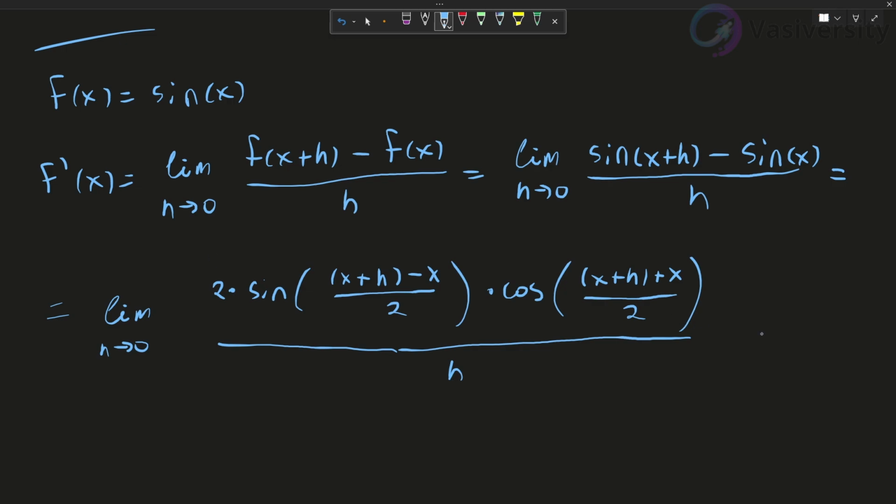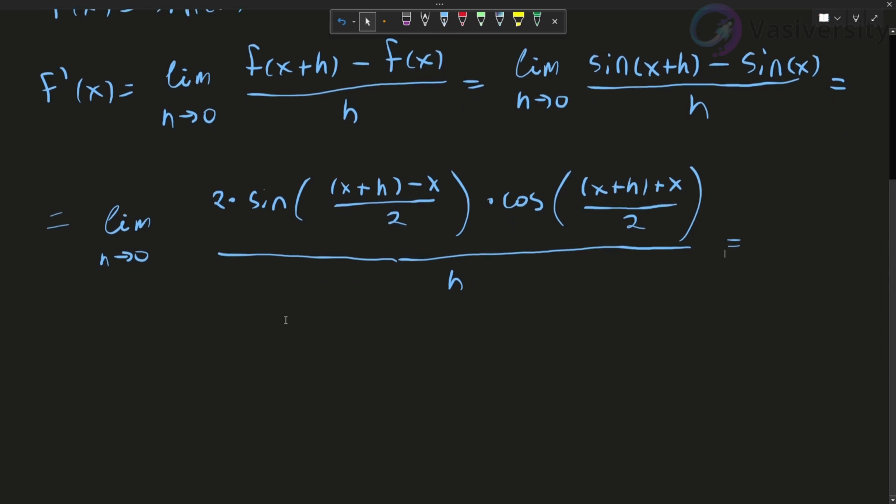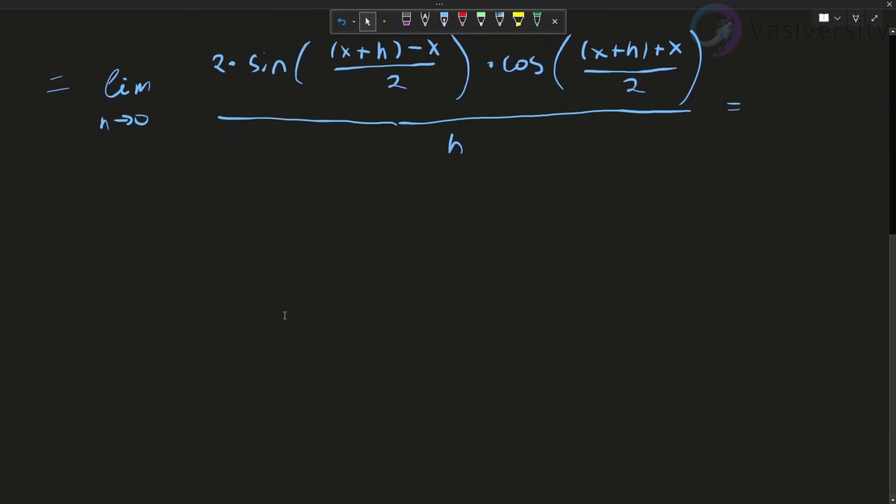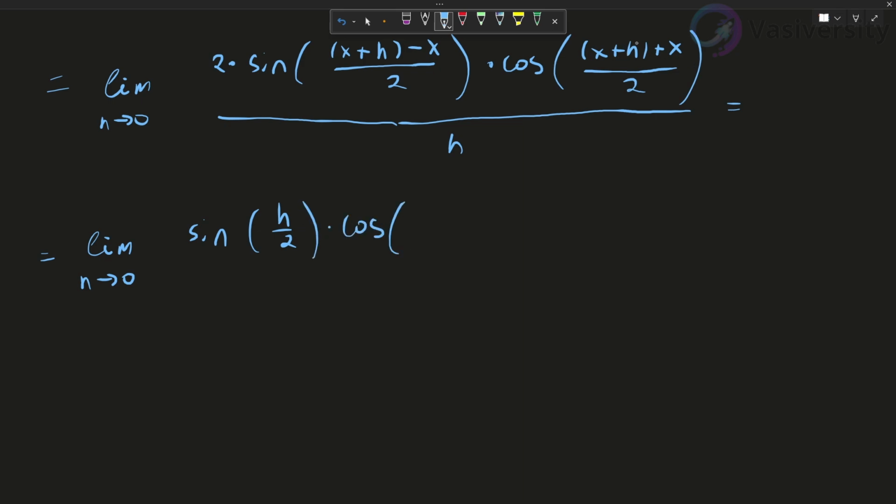So, well, let's go ahead and simplify it. I'm going to move the 2 in front to the denominator. So we're going to have the limit as h approaches 0 of sine of h over 2 times cosine of (2x plus h) divided by 2, so it's going to be x plus h over 2, all over h over 2.